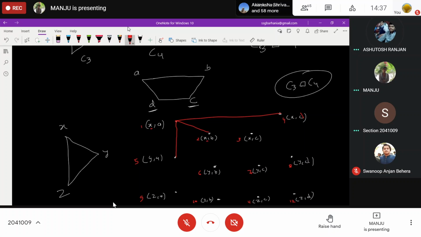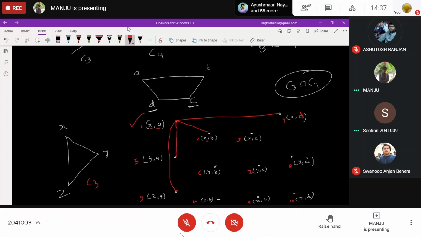Yes, sir. The second coordinate is the same, and the corresponding first coordinate XZ is present in C3. Right. Next one. 10, no. 11, no. 12, no. So for 1 are we done or not done?